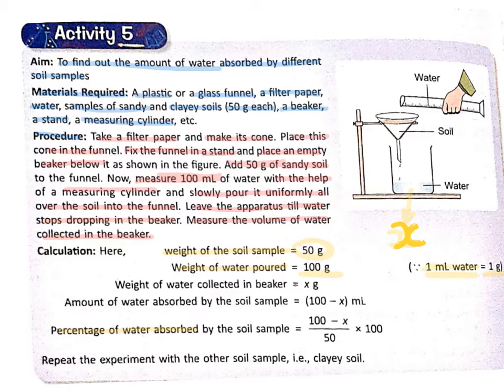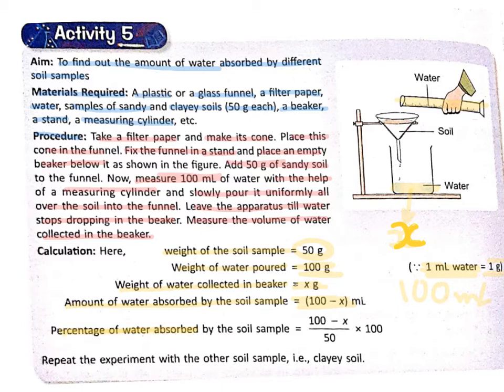That is, 1 ml of water will weigh 1 gram, so 100 ml of water will weigh 100 grams. Weight of water collected in the beaker is taken as X. So the amount of water absorbed by the soil sample will be 100 minus X, that is the amount of water we have taken minus the amount of water we got in the beaker, 100 minus X ml.